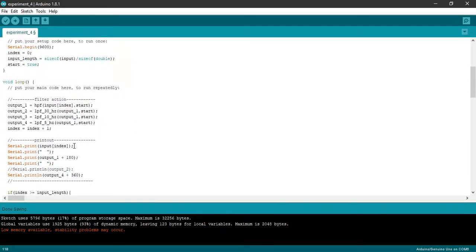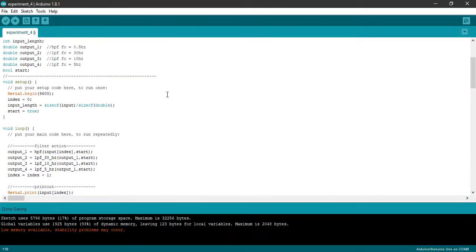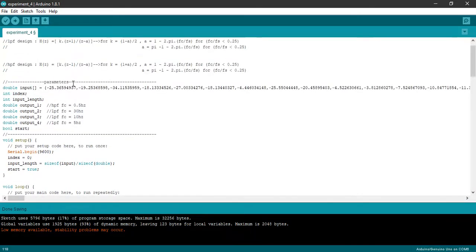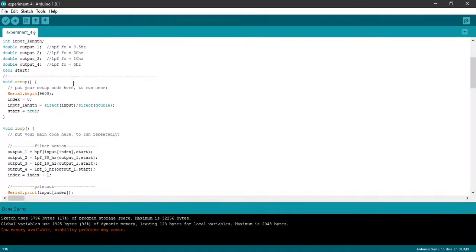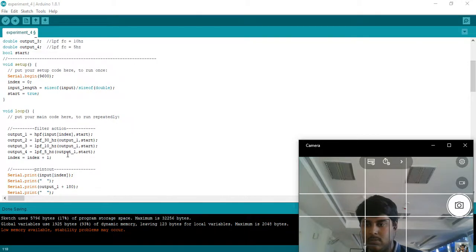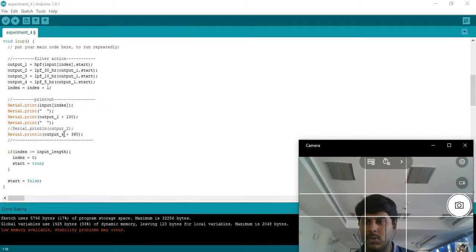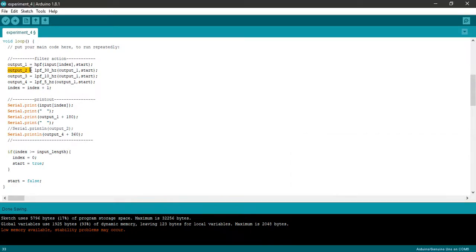Okay, now I have used them as functions. Let's see outputs of each of them. So in my case we have LPF 30 Hz output as output 2.